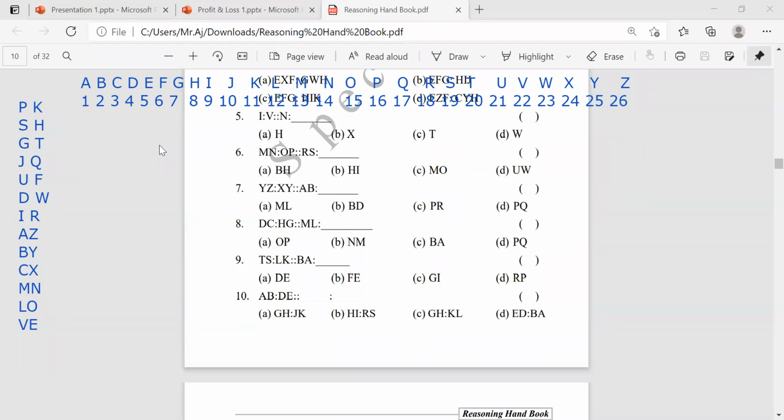Consecutive numbers. And then here TS, 2019, LK 12.